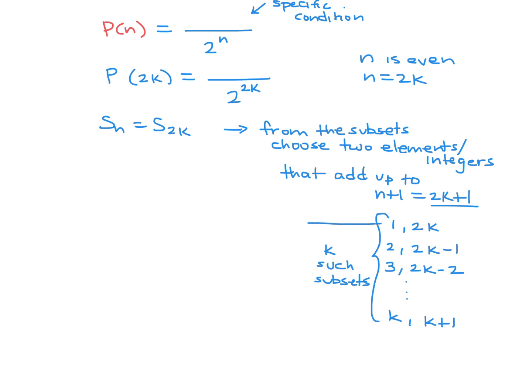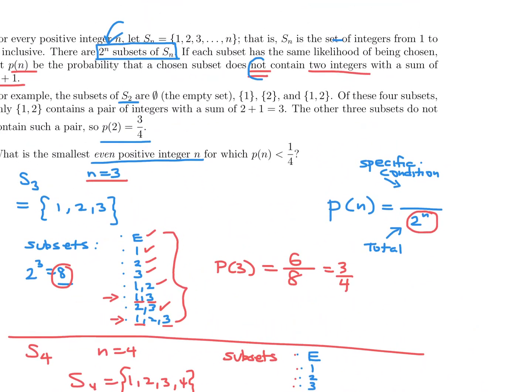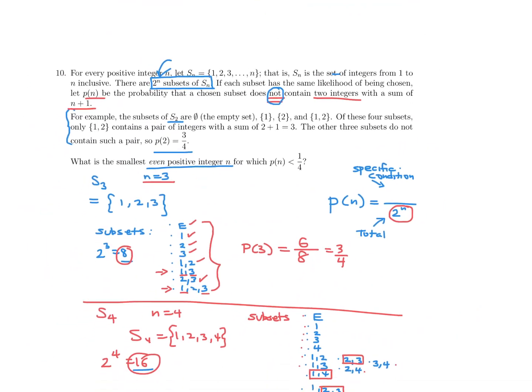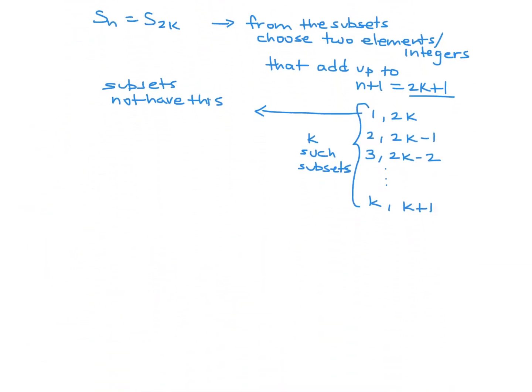Now for each of these, we have to talk about subsets that do not have this, because that is essentially what they want in the question, right? This word not is really what they want. So I just put it into two categories. First, I talked about the ones that do have it, which are these guys, and then I'm talking about now the ones that do not have it.